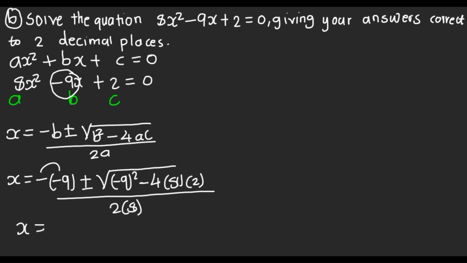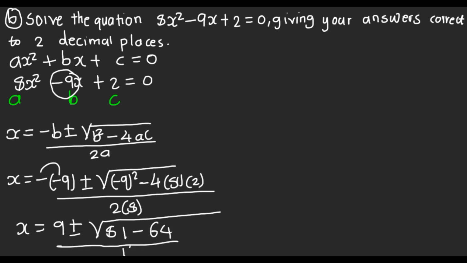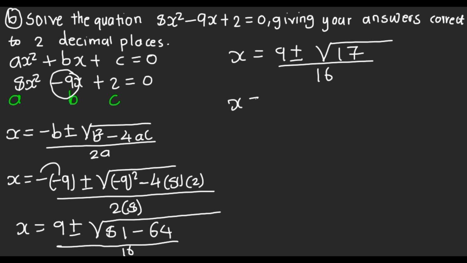So x is equal to negative times negative is positive 9, plus or minus the square root of negative 9 squared, which is positive 81, minus 4 times 8 times 2, which is 64, over 16. So x is equal to 9 plus or minus the square root of the difference between 81 and 64, which is 17, divided by 16. Then from there we need to find the square root of 17.